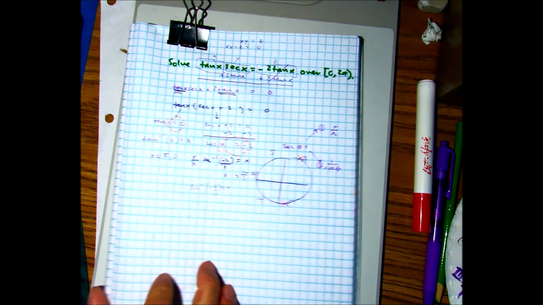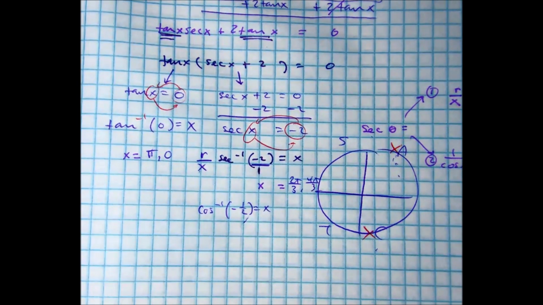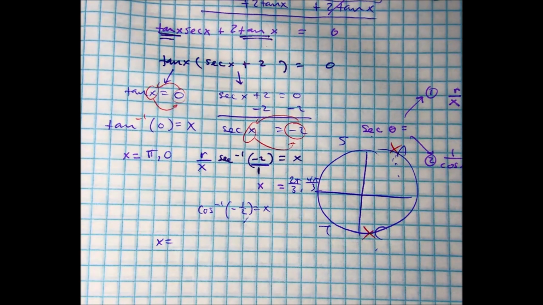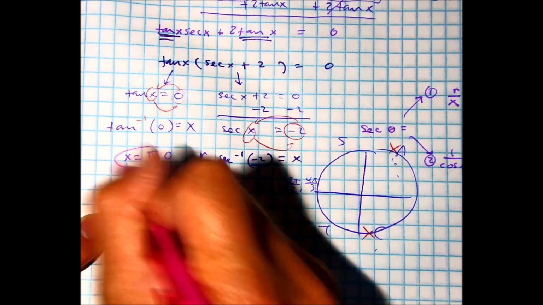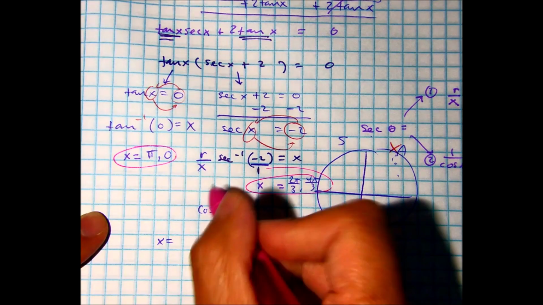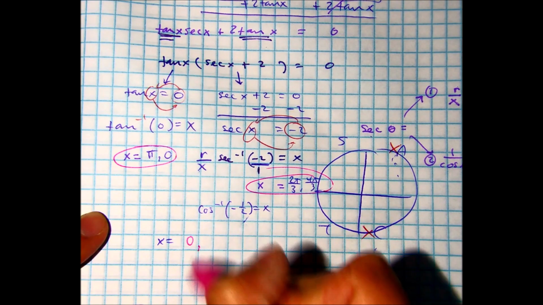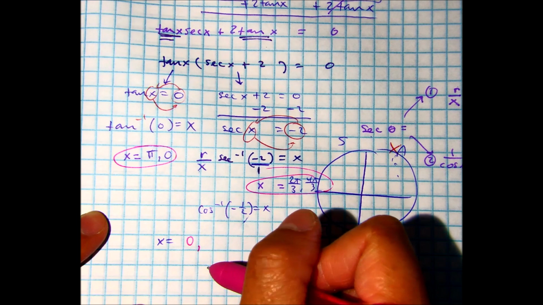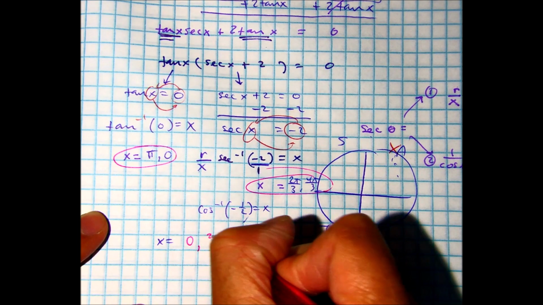So how many solutions do we have, class? Let's write them out from least to greatest. Tell me. 0. 2 pi over 3.